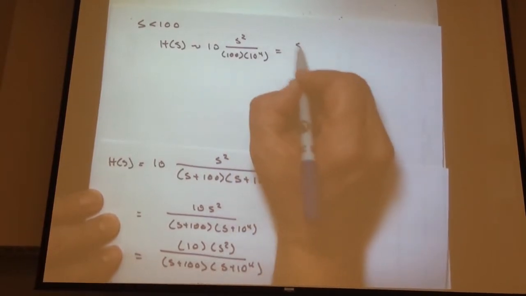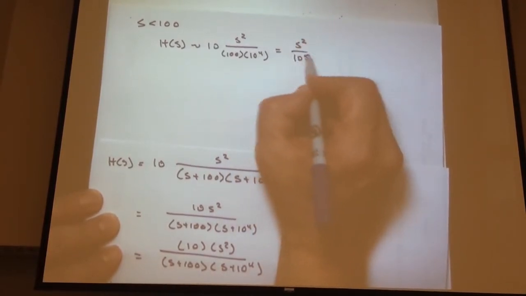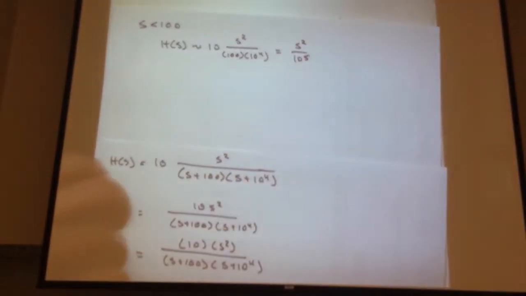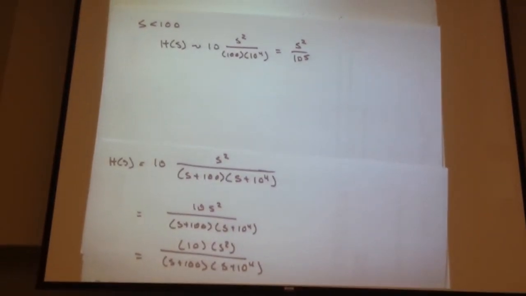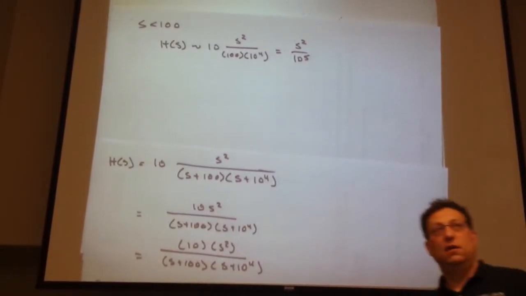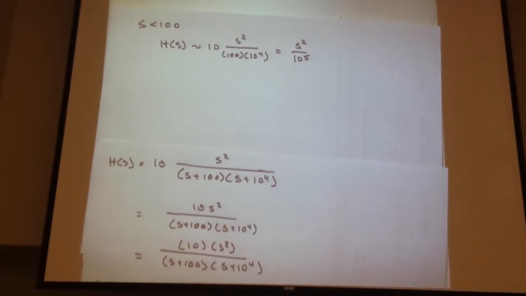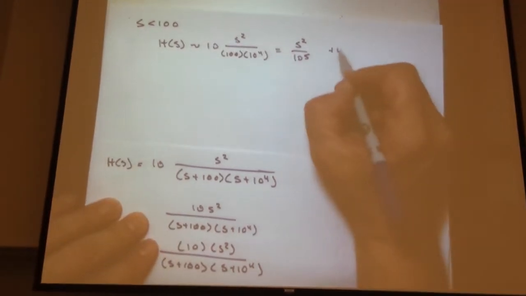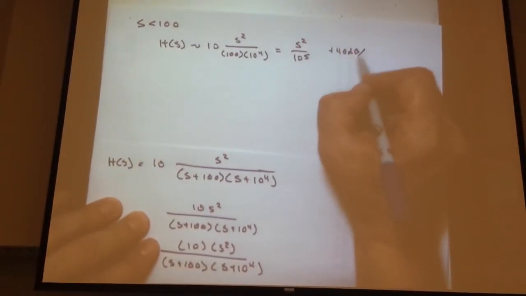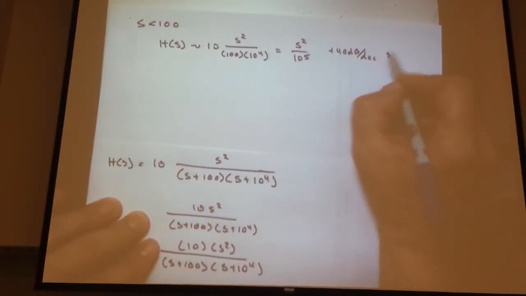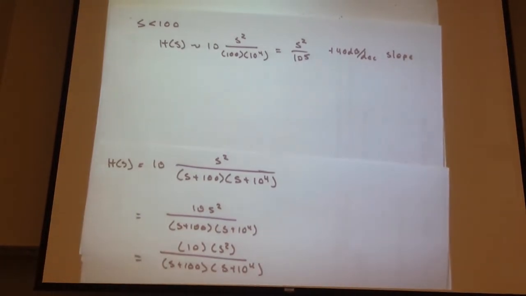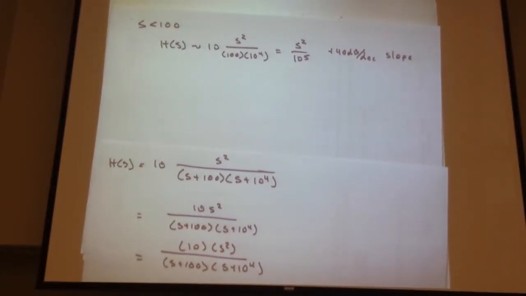And that's s squared over 10 to the 5, which means what? Well, going back to what we said last week, that's an s squared in the numerator, so that's plus 40 dB per decade slope. Right? That was what we agreed on. No, we don't have a reference, we just know it's plus 40 dB per decade.